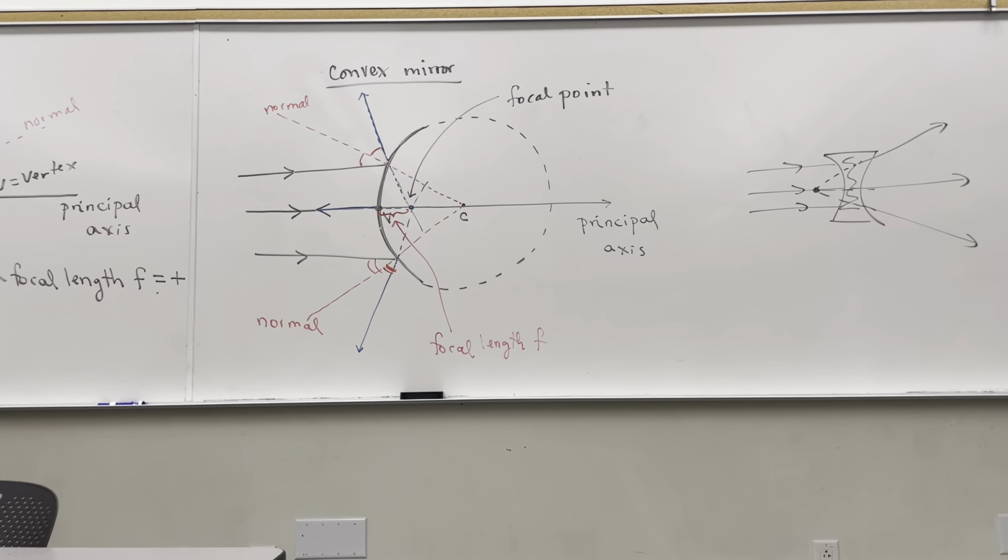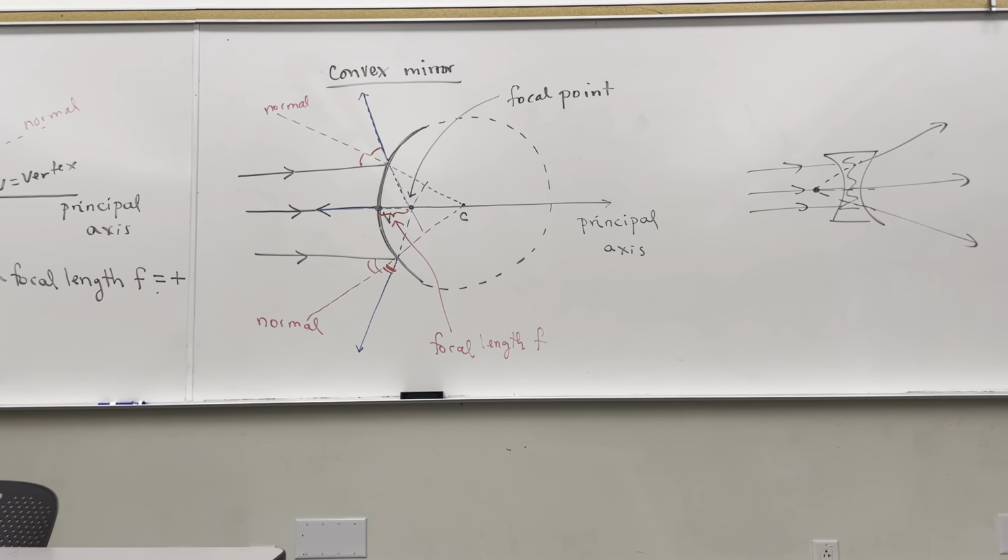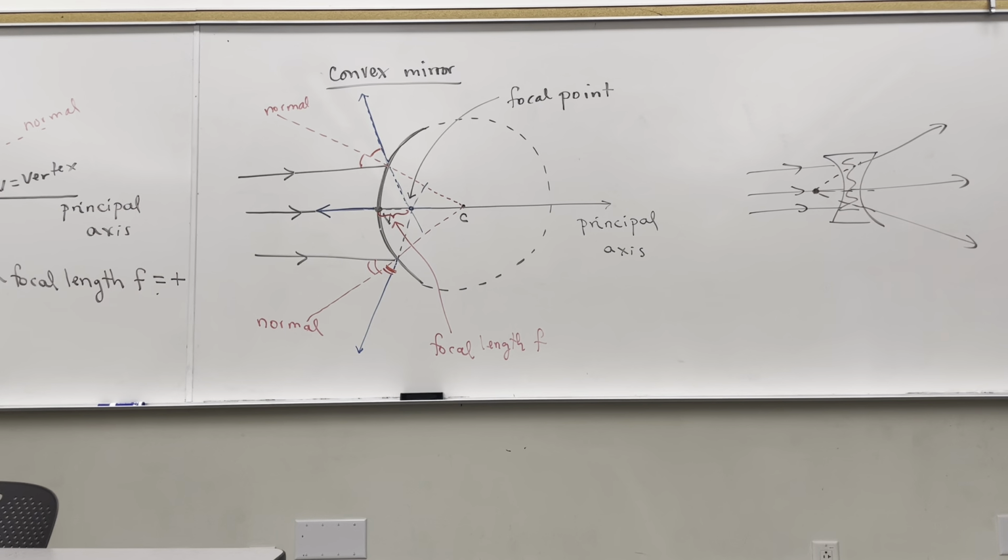So F is positive for a convex lens and concave mirror, but F, the focal length, is negative for a concave lens and a convex mirror. So you have to be careful here, because notice that the word convex doesn't tell you right away if F is going to be positive or negative.